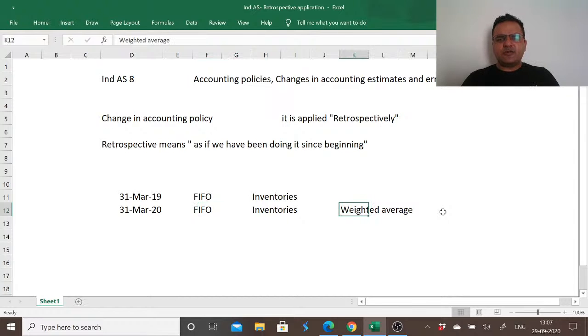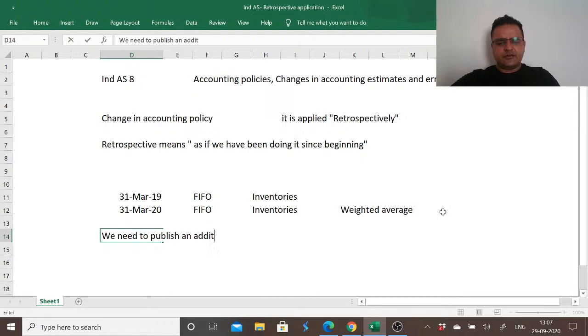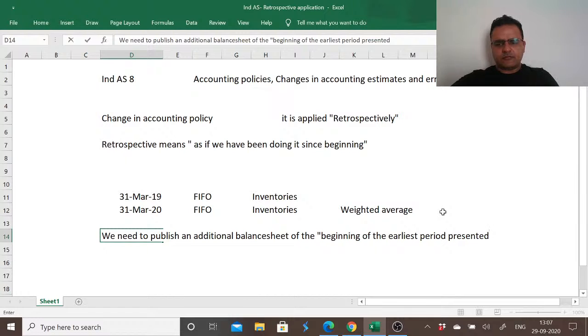Now to apply the effect retrospectively, the requirement is that we need to publish an additional balance sheet of the beginning of the earliest period presented, along with the comparative balance sheet.